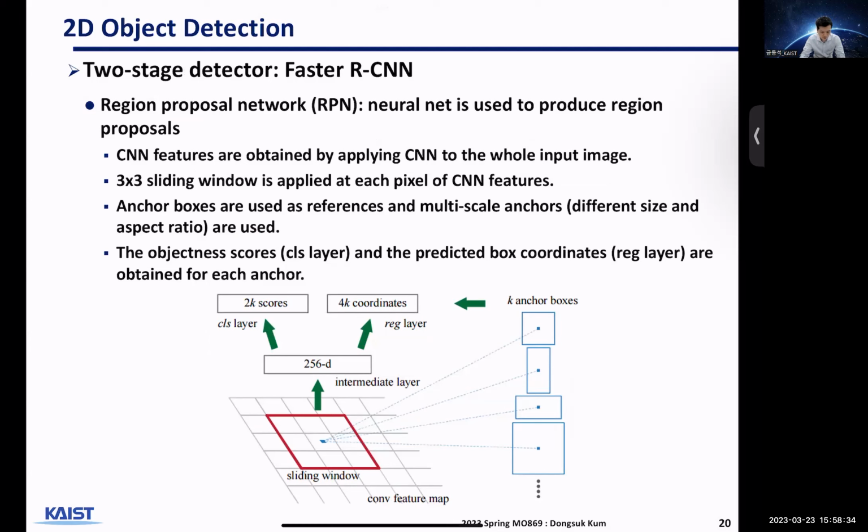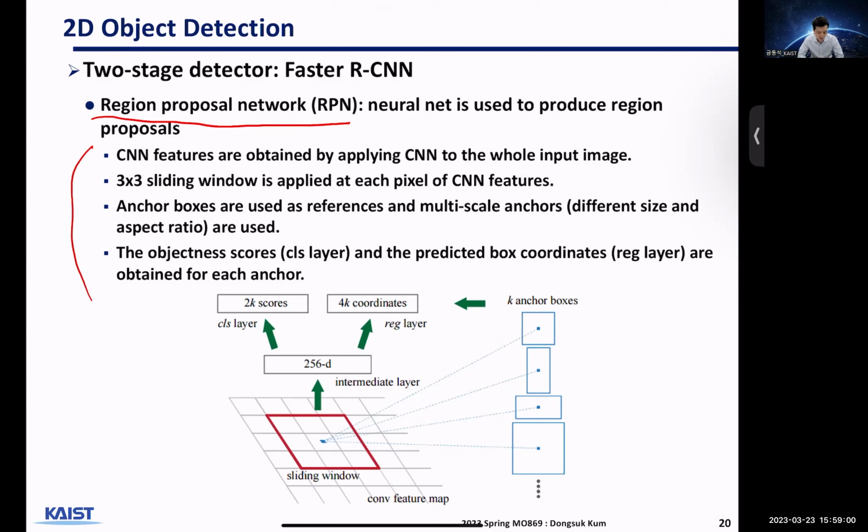So people tried to improve it, and the next work was Faster R-CNN. The proposed method was that the region proposal network was done by a neural network. Let's go over these bullet points.